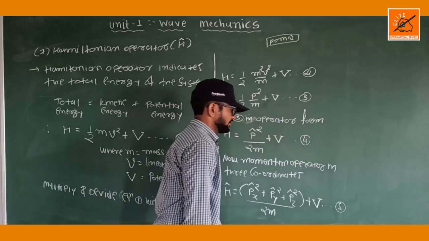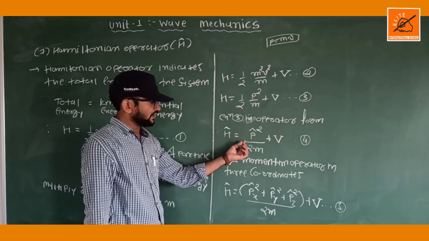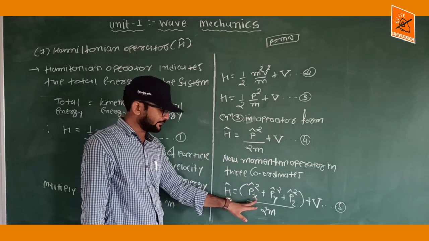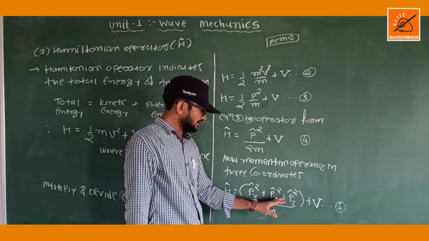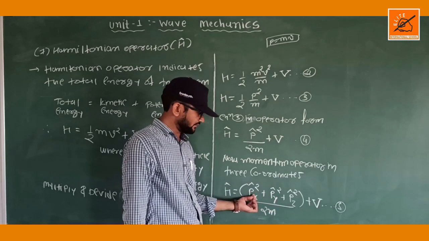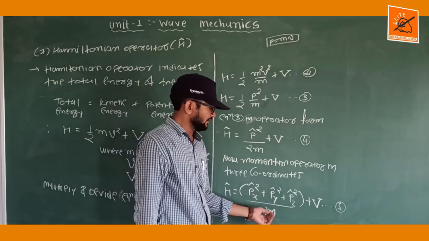In the previous momentum operator, we find the value of px square as well as py square as well as pz square. Now put the values of px square, py square and pz square in equation number 5.